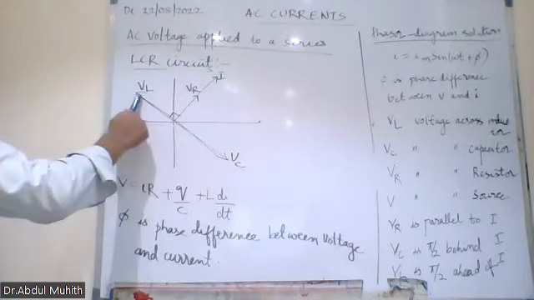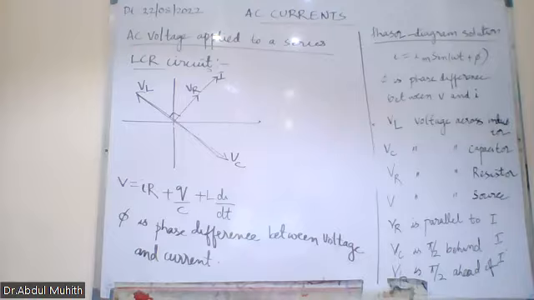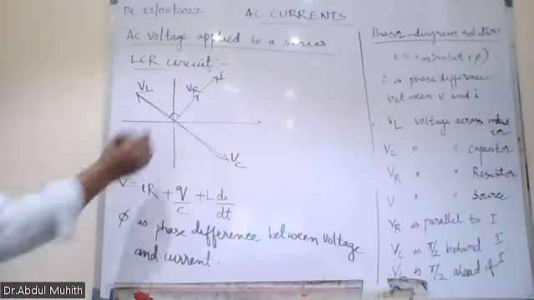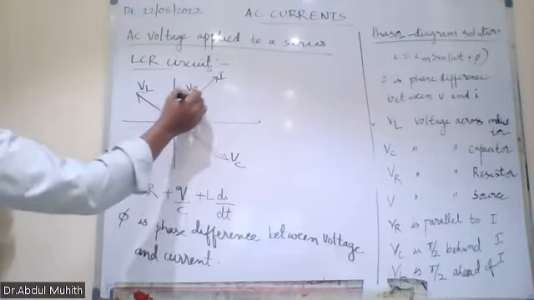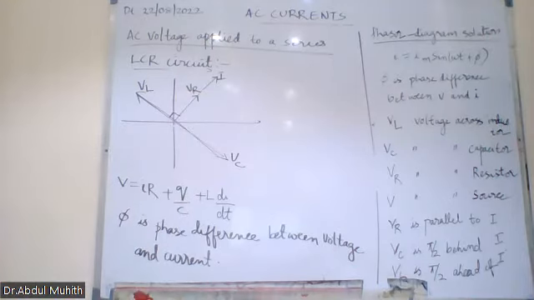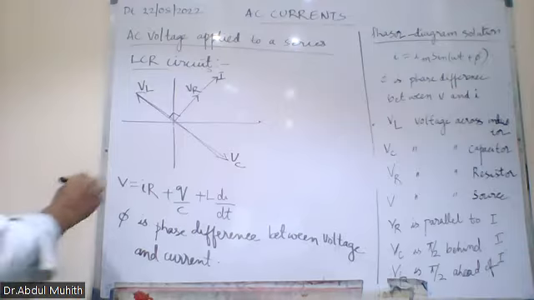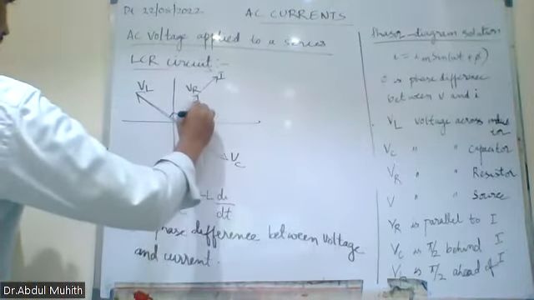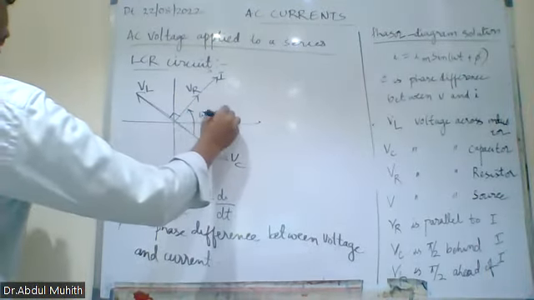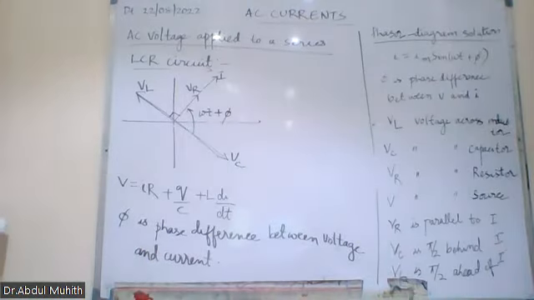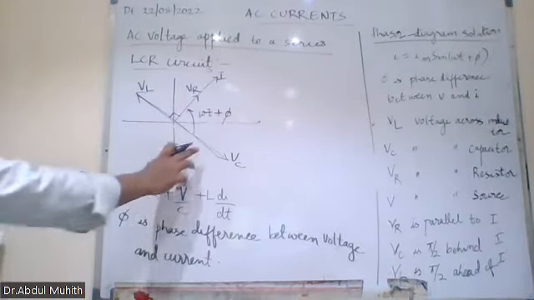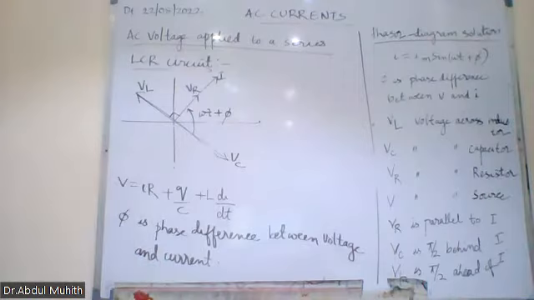The inductive voltage leads by how many degrees? 90 degrees. And the current is in phase with the voltage across the resistor. So this angle is known as omega t plus phi.